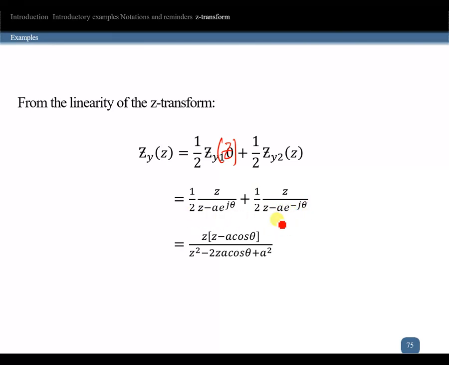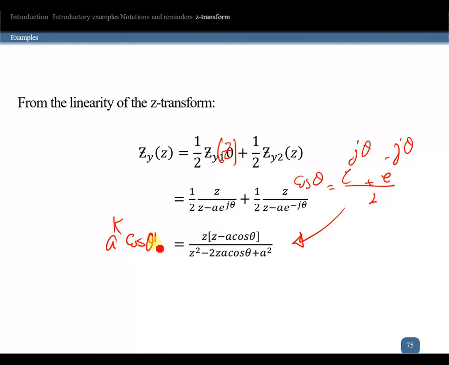If you factorize and substitute that e^(jθ) plus e^(-jθ) divided by 2 becomes cosine theta, you will find the answer for the z transform of a^k cosine theta k: z times (z minus a cosine theta) over (z^2 minus 2za cosine theta plus a^2).